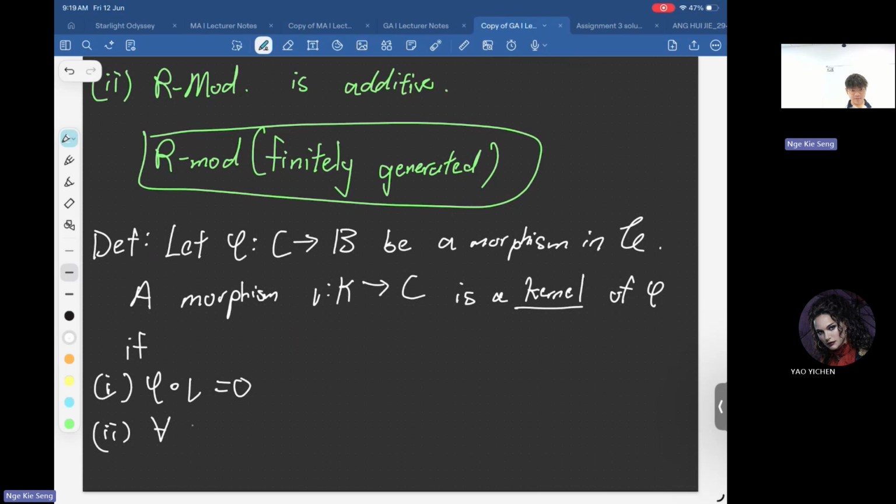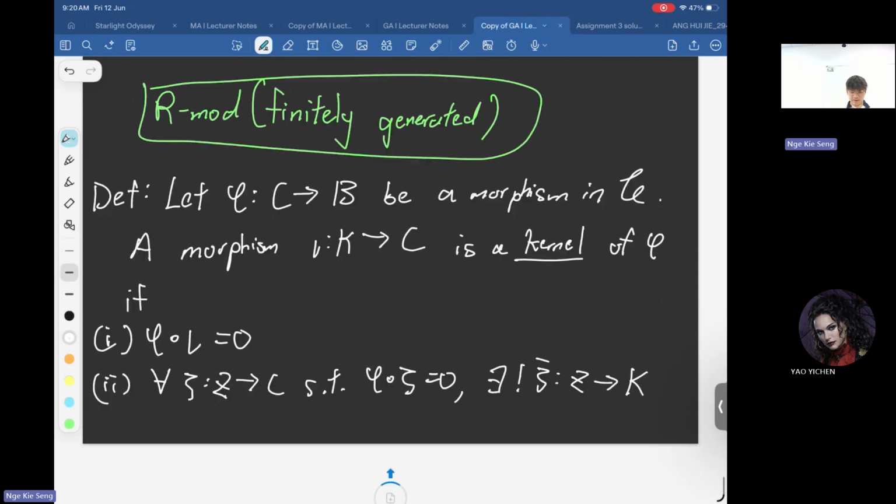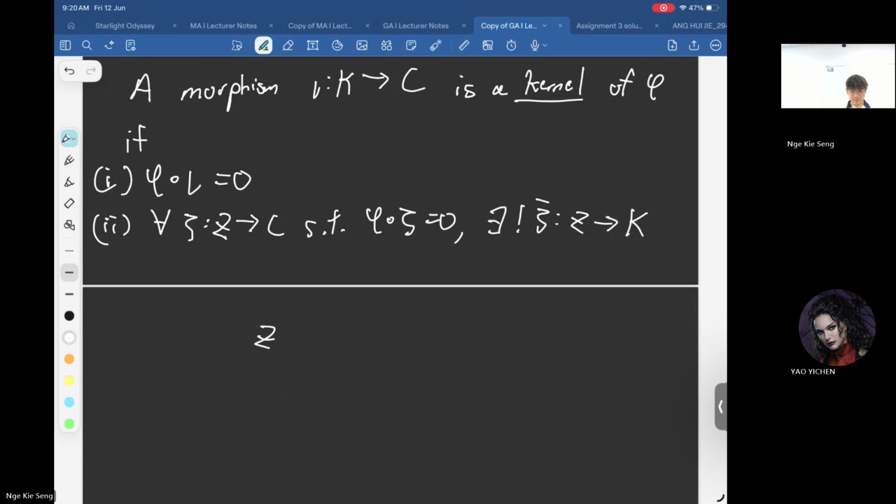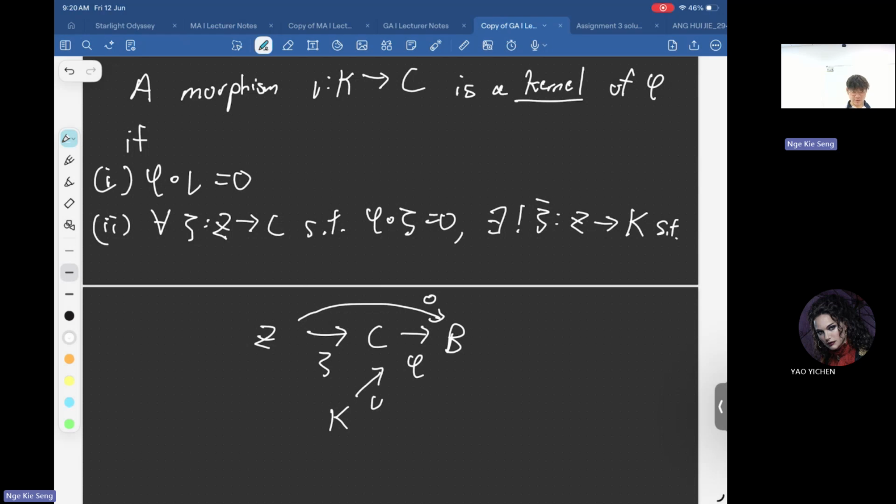For all other maps also from somewhere into C such that you can make the composition 0, there should be a unique map going from Z to K such that the following diagram commutes. So if you compose this to be 0, then it has to factor through this iota here.